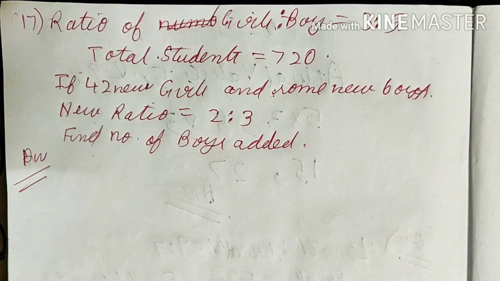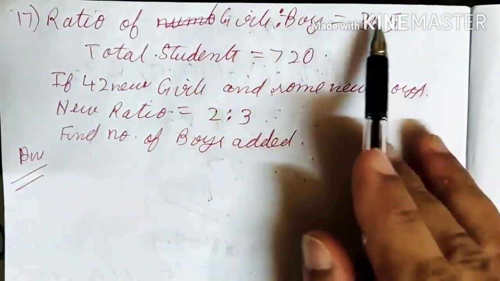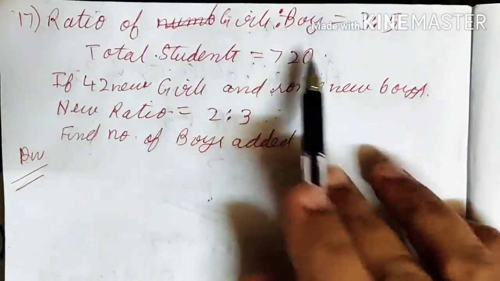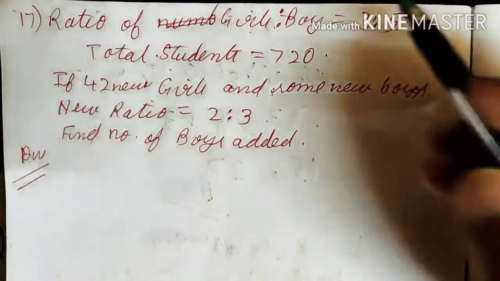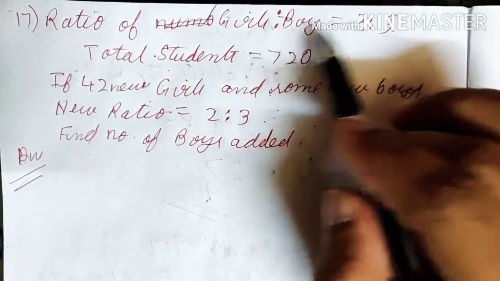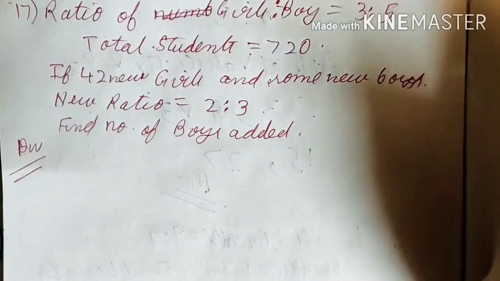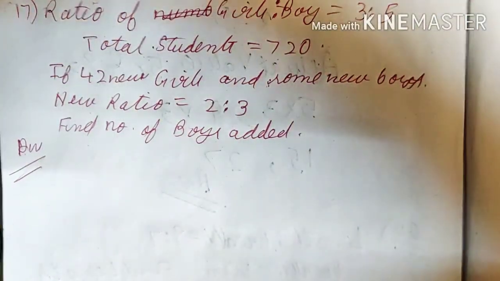Our next question is that the ratio of girls to boys in a school is 3:5, where the total number of students is 720. So our first two things are the number of students in a school is 720 and the girls and boys ratio is 3:5. So first we should find the actual values of boys and girls.